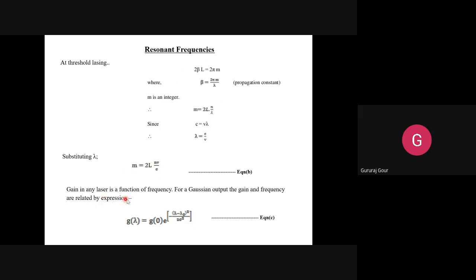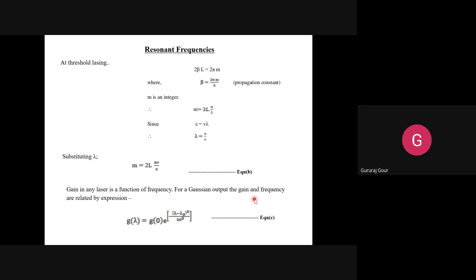Gain in any laser is a function of the frequency, by the gain loss mechanism. So this gain is related with the mode. Whenever we talk about modes existing, we are talking about gain. Gain is concerned only with the modes which exist beyond the threshold, and they compensate for the loss because of those modes which exist below the threshold.